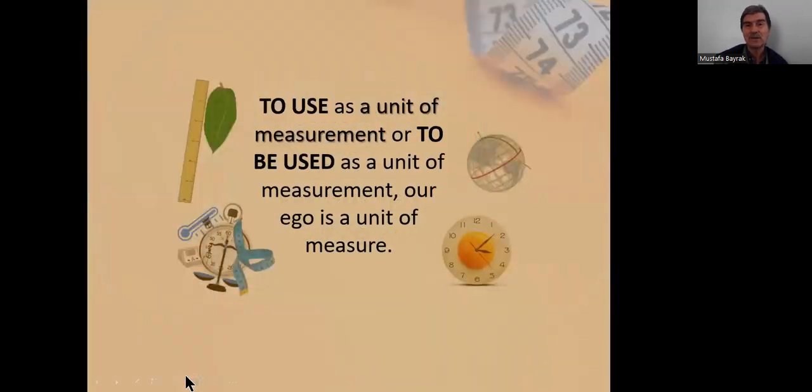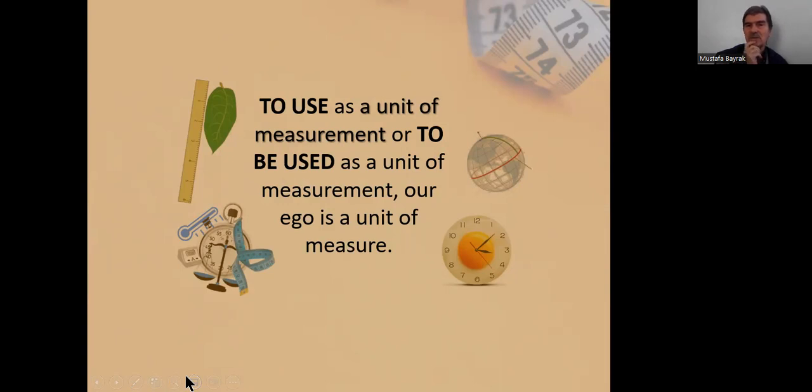Yes, to use as a unit of measurement or to be used as a unit of measurement. Our ego is a unit of measure. To do what? To use it as a unit of measurement. Or to be used as a unit of measurement: our ego is a unit of measure.